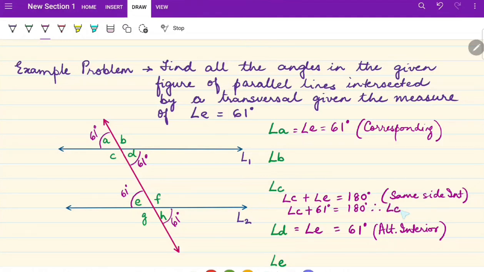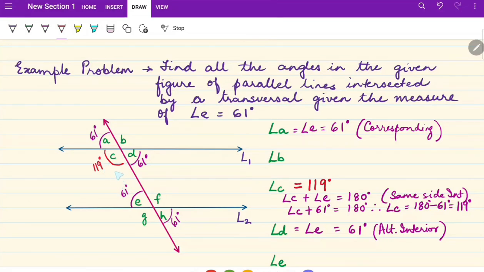Therefore, angle C will be equal to 180 degrees minus 61 degrees, which is equal to 119 degrees. So that means angle C will have a value of 119 degrees. At this point, I'm going to use a different color because now the angle value has changed. Let's write that here. This angle is 119 degrees.